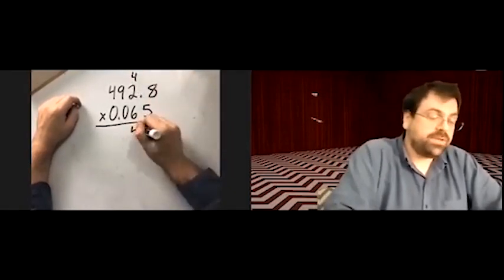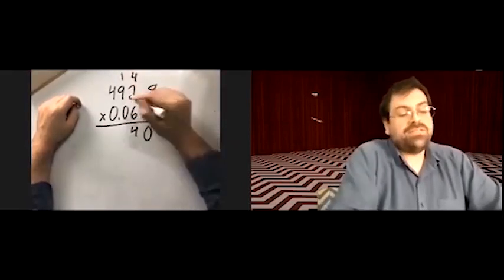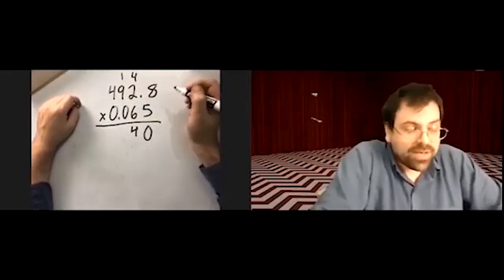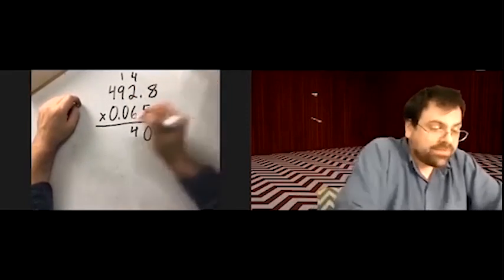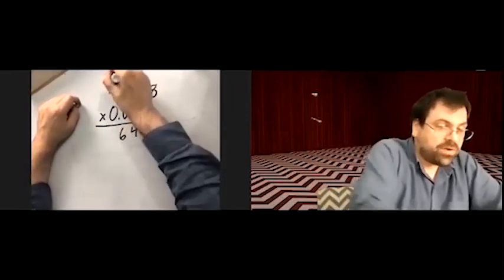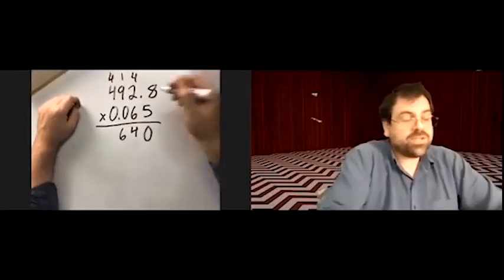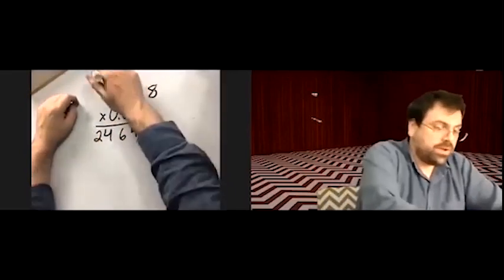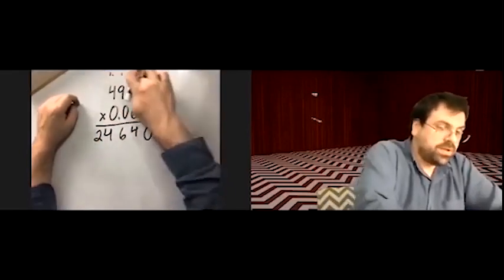Plus 4 is 14. 5 times 9 is 45. Plus 1 is 46. Carry the 4. 5 times 4 is 20. Plus 4 is 24. Done with those.